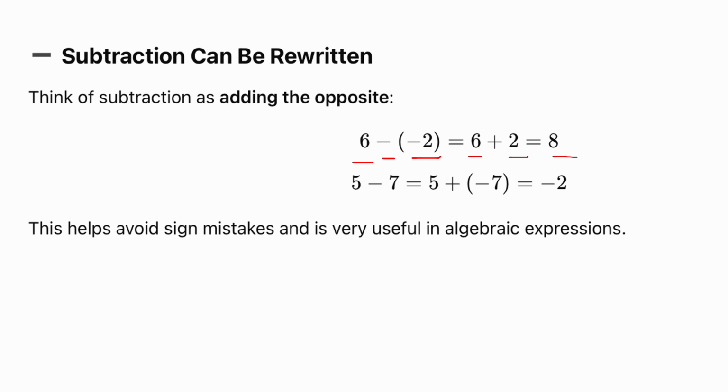And also say 5 minus 7, then you can say 5 plus, in brackets, minus 7, which comes to minus 2. This method avoids sign mistakes, which are sometimes possible, especially when you are working with long algebraic expressions.